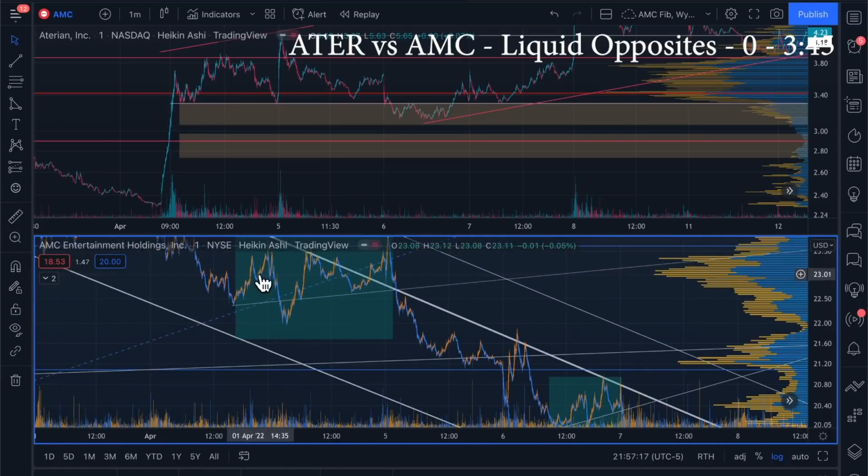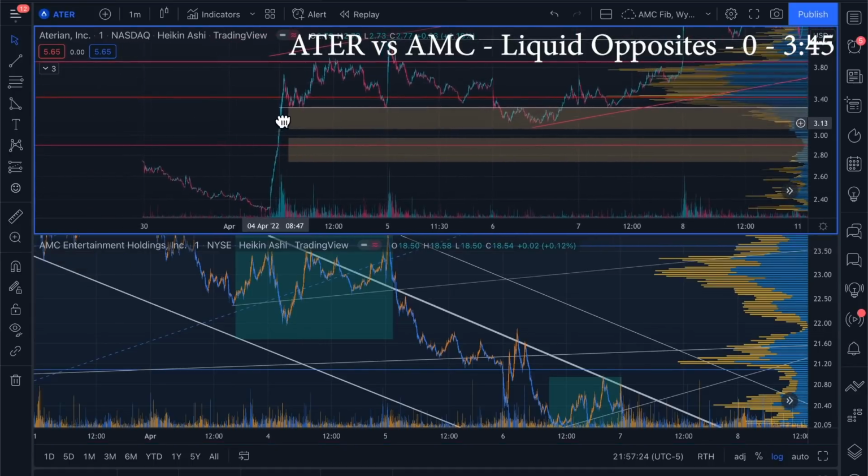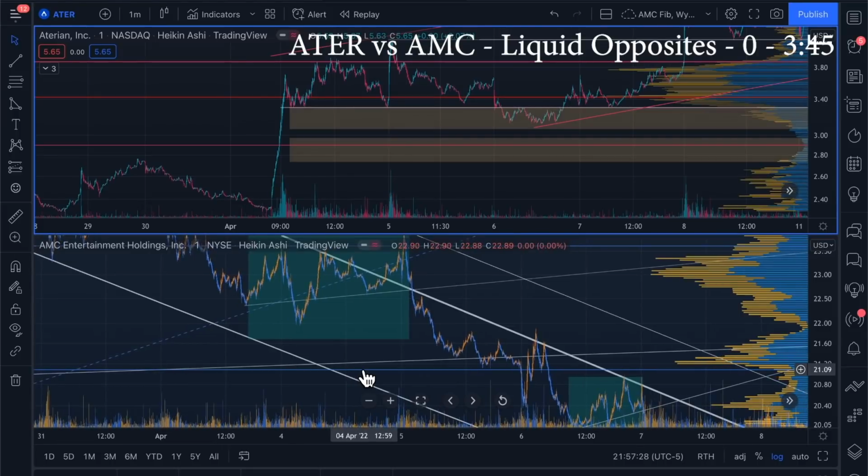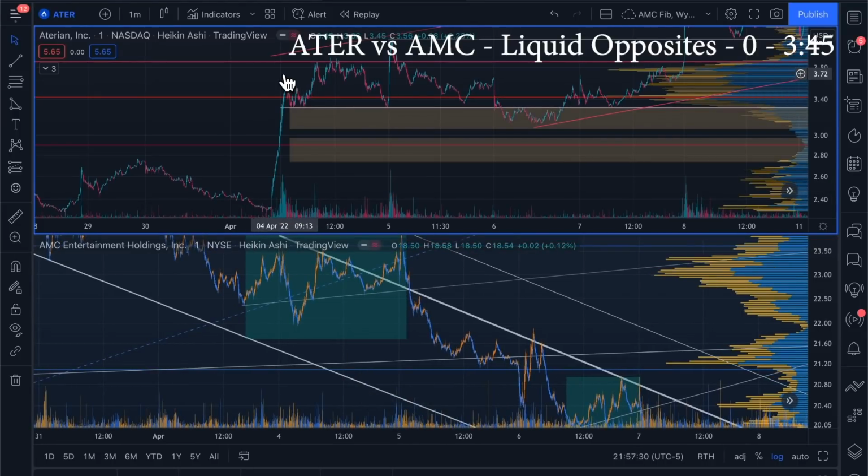It started with this hard down motion on April 4th while ATER was running, and it was timed almost the same. If you look at the timing, when this run stopped, AMC was basically at its bottom, right? And then it kind of recovered and went sideways.